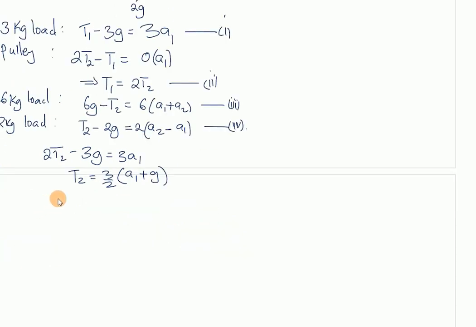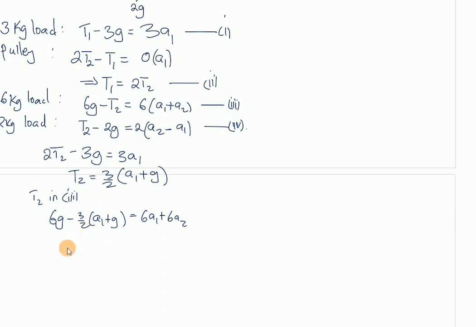Put T2 in equation 3. When you do that, this one is 6g minus 3 over 2 into a1 plus g is equal to 6a1 plus 6a2.